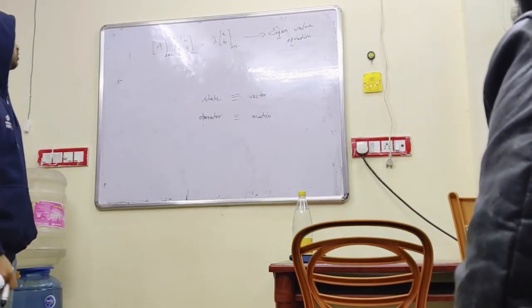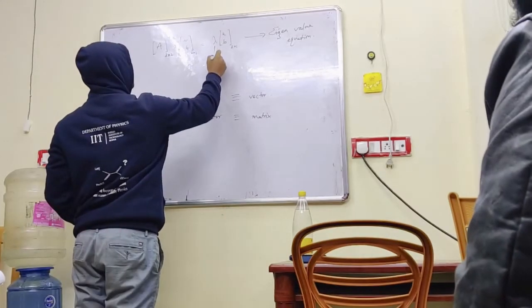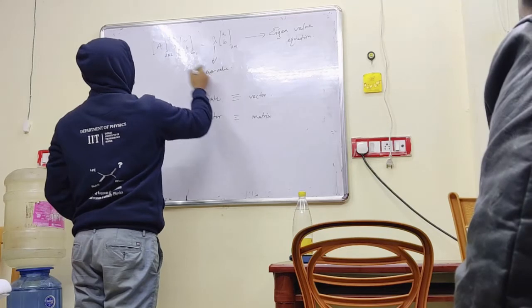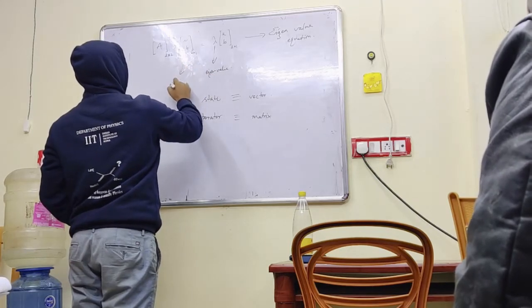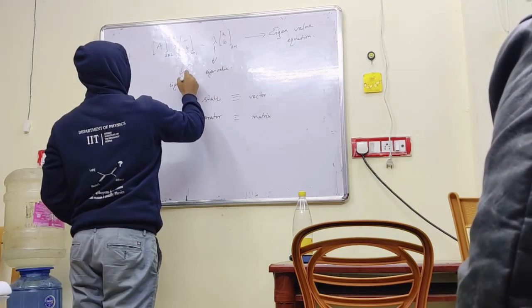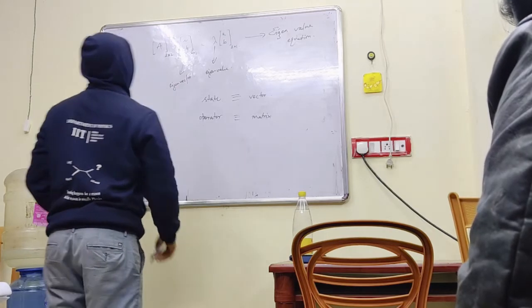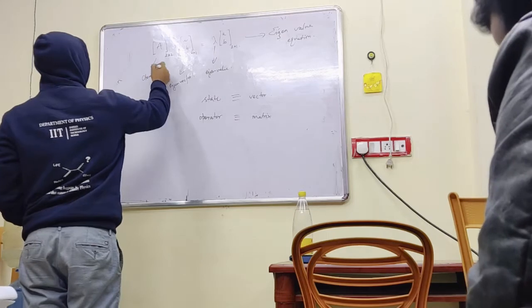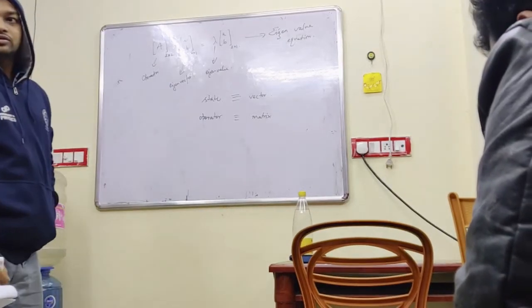This eigenvalue equation: this here is the eigenvalue, this is my eigenvector, and this is the operator. Not eigen operator, just operator.